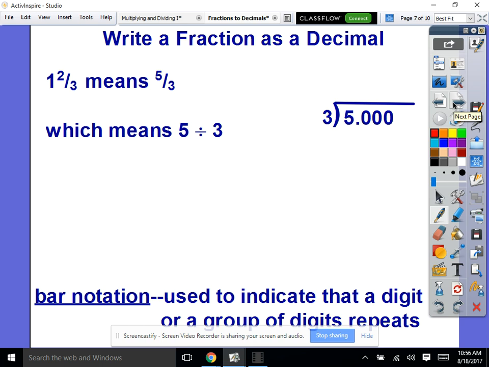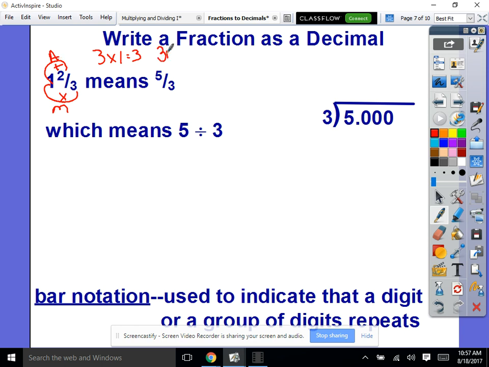Now, you also might have a mixed number. 1 2/3 means 5/3. And the way you get that, 3 times 1, the denominator times the whole number, and then you add the numerator to that.